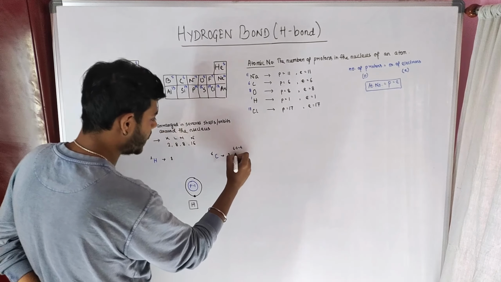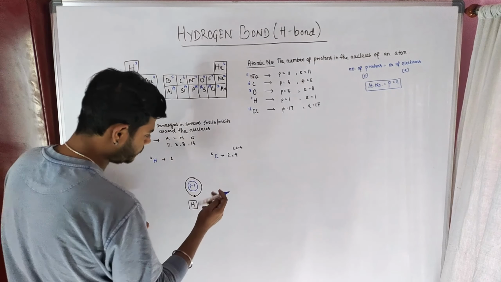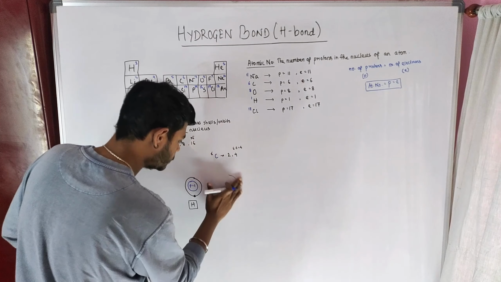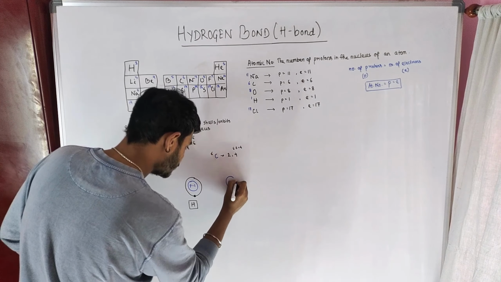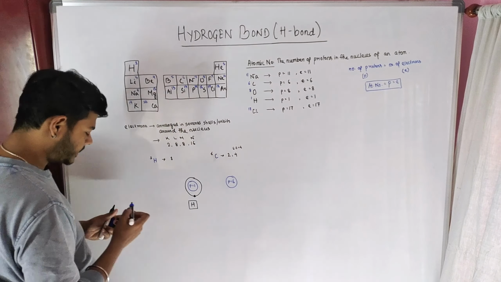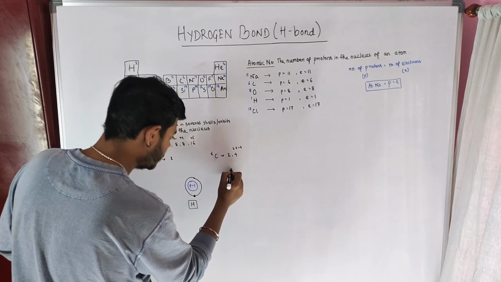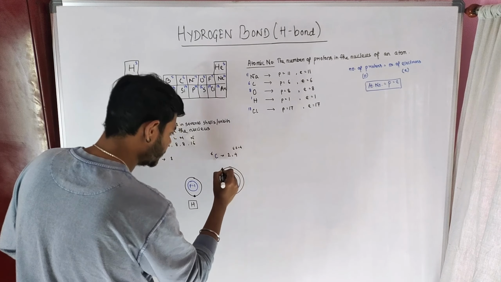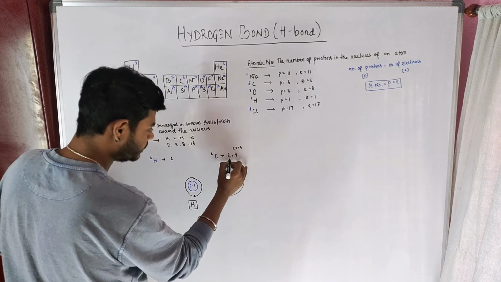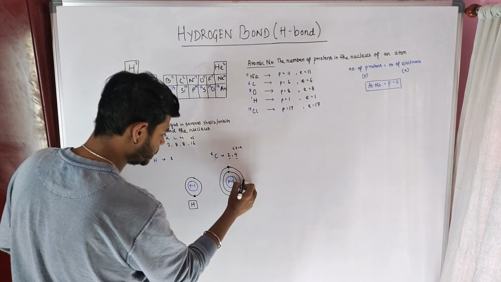So the next shell will have 4 electrons. So the carbon nucleus will have a proton count of 6, and around that it will have 2 shells. Unlike hydrogen, carbon will have 2 shells. The first shell will have 2 electrons and the next one will have 4 electrons.